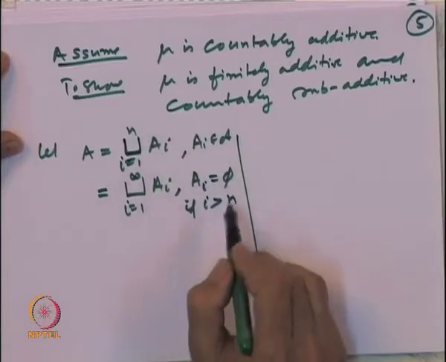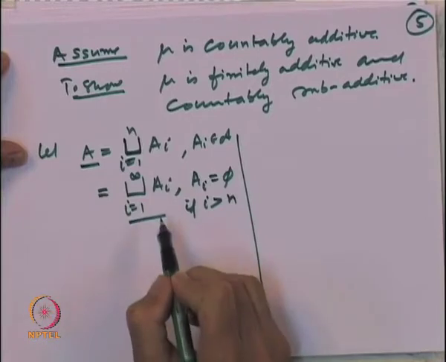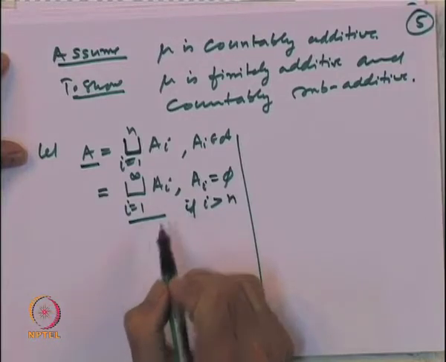From n onwards, let us put them as empty sets. Then A is a countable union of pairwise disjoint sets.